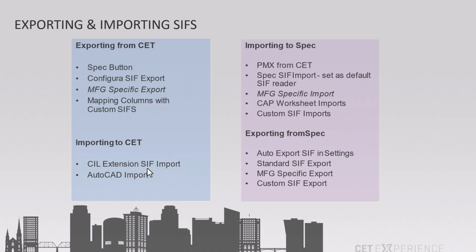You can do your standard CIF export by clicking that export button in Spec. You could also do a manufacturer-specific export. If your manufacturer has a specific export set up, please use that. We do also have a custom CIF export profile that you can set up with support as well.